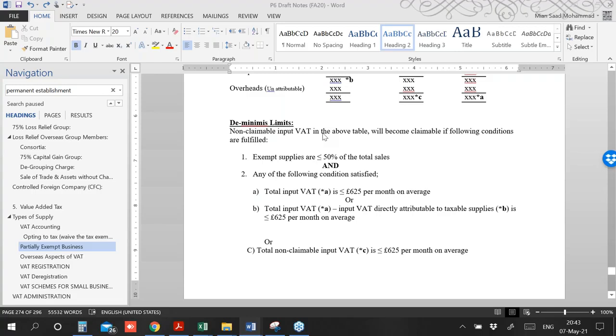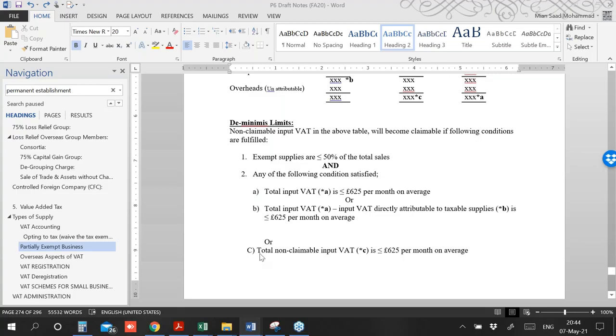If that answer comes at least 625 per month or 7500 or less for annual, then this test can be satisfied. And the third is that your total non-claimable VAT that relates to exempt supplies or whatever your total non-claimable VAT is, if that is less than 625 or less than 7500 per annum.